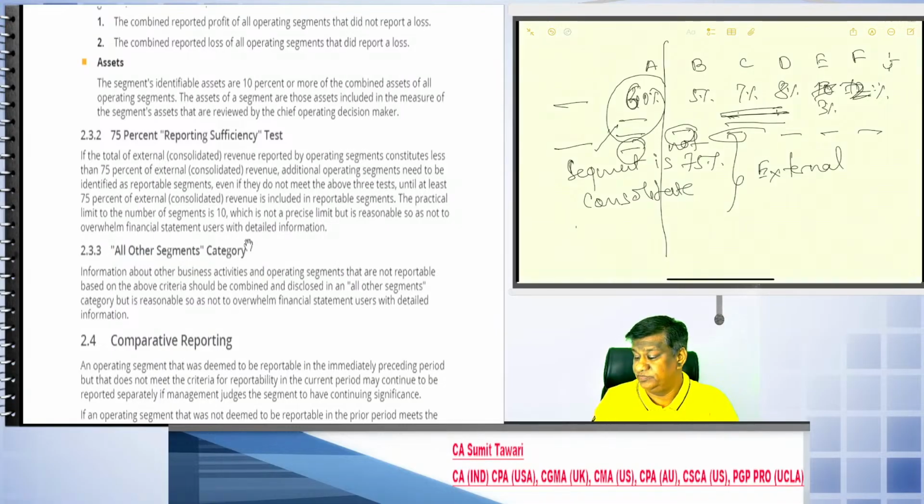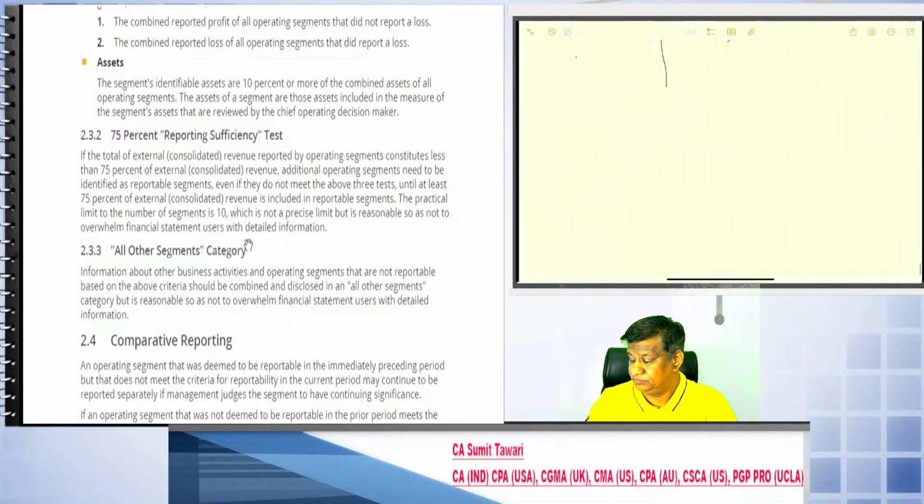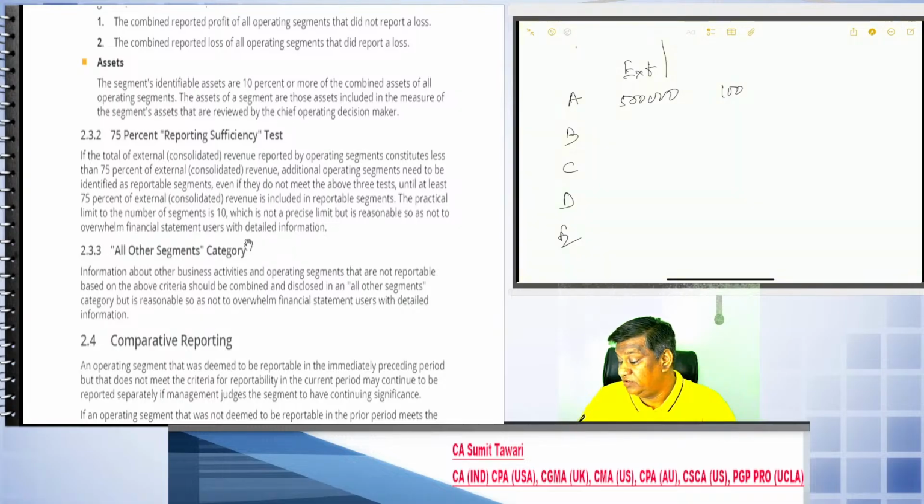Anyone has any doubt? So all the reporting things should be less than 75%? No, it is not like that. We need to reach the total 75%. Say for A, B, C, D, E, here the consolidated external revenue. Like here the external revenue is 5 lakh, and the total external revenue is basically 10 lakh.